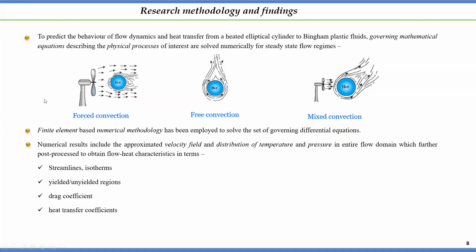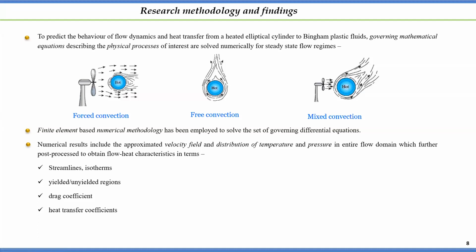The numerical methodology we are mostly using is the finite element methodology. And the results we are going to get are analyzed in terms of streamlines and isotherms, which are nothing but the mapping of velocity and temperature in the flow field.